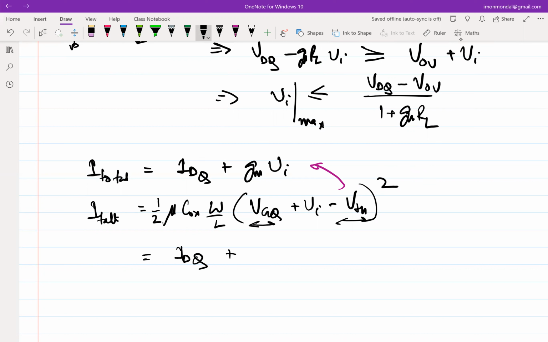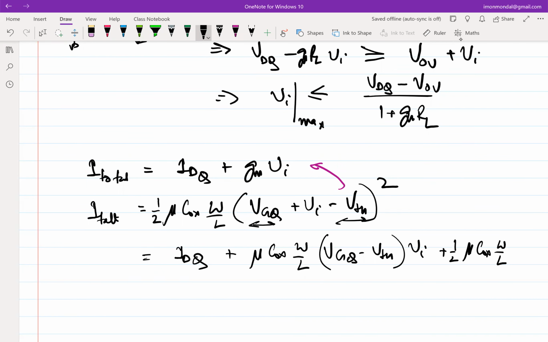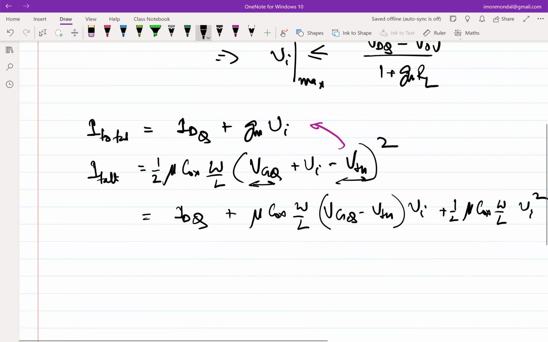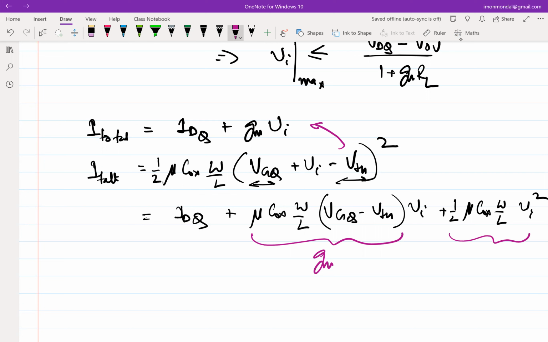Then I will get mu Cox W over L, VGQ minus VTH, times Vi, and then I will get another term of half mu Cox W over L Vi squared. Okay, and what is this? This is GM. And what is this other term? This is the term that is giving me distortion, right? So this will give you higher harmonics.